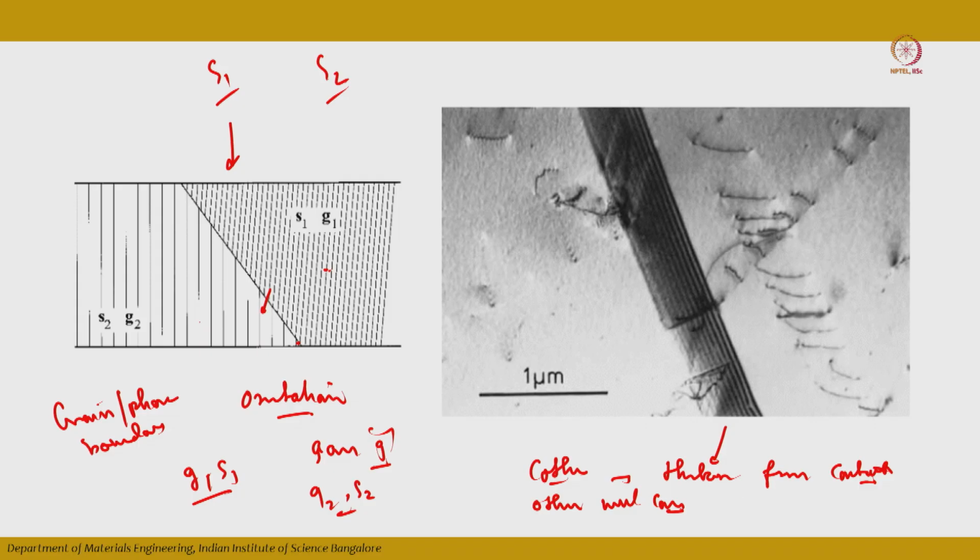So, you can have a diffracting grain which is bright and the other grain will be dark.